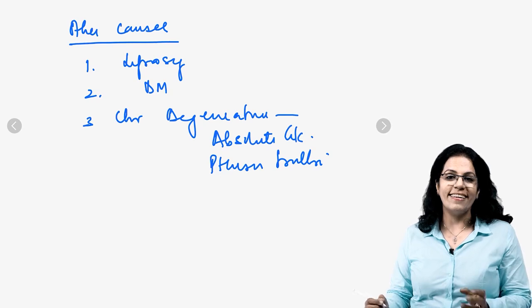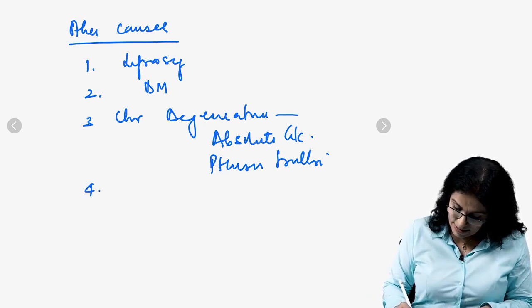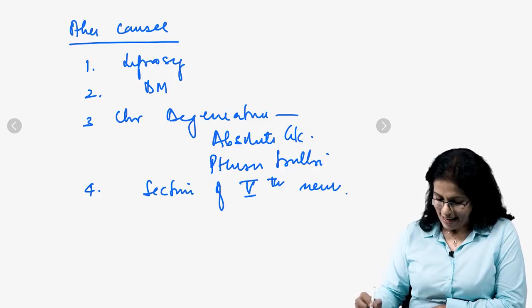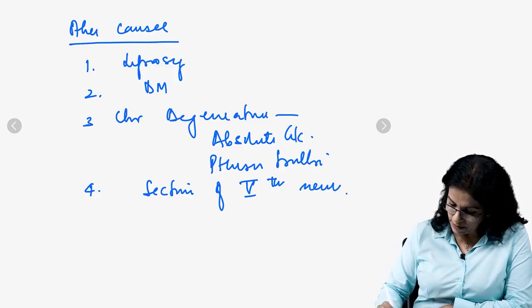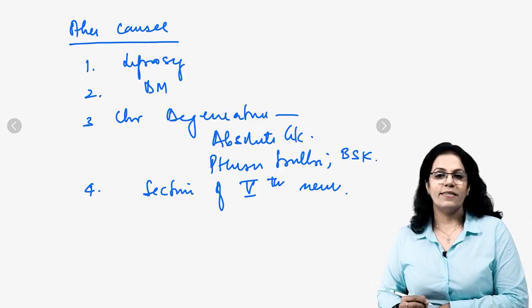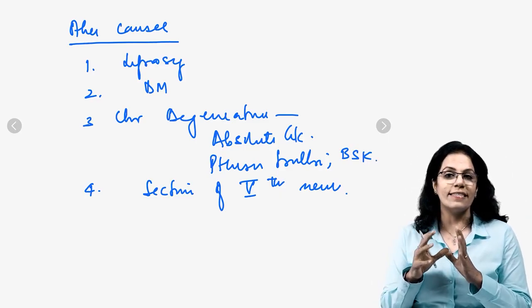Band-shaped keratopathy, and section of the trigeminal, because that is the nerve supply, so section of the fifth nerve. These are the causes of decreased corneal sensation.